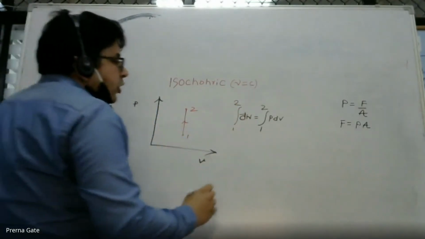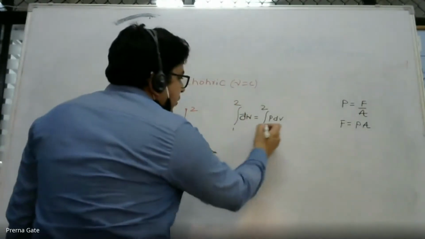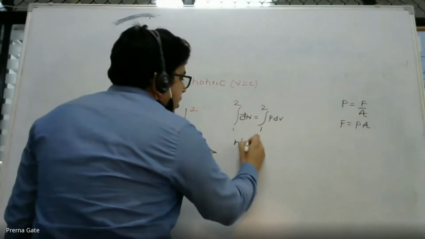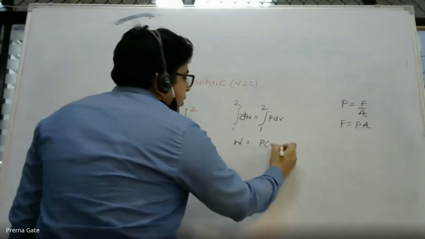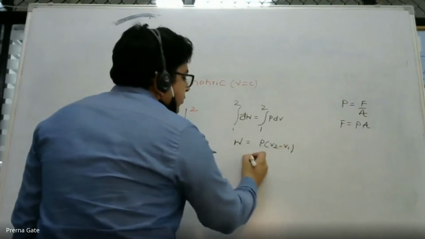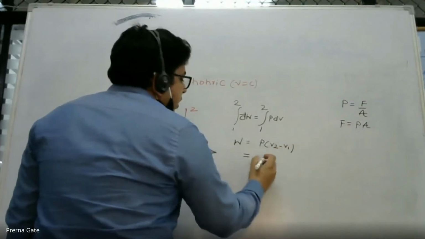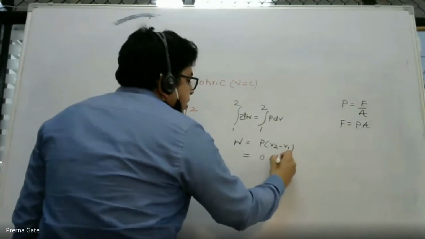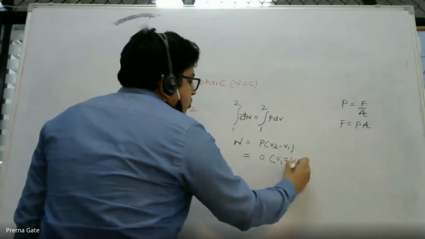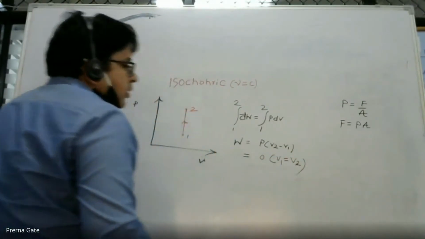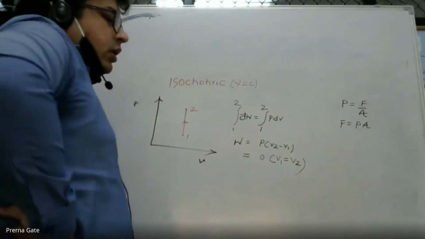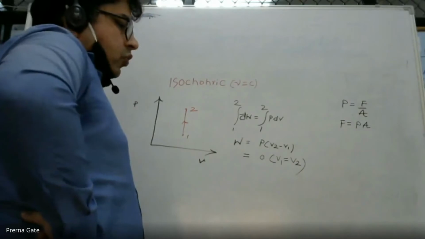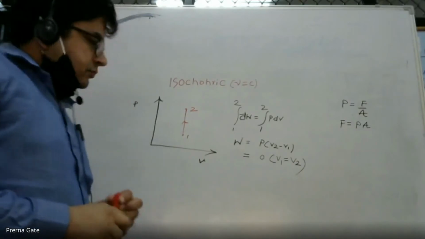For an isochoric process, if I integrate it, it becomes P (V2 minus V1), and it comes out to be 0 as V1 is equal to V2. So you can note down, for an isochoric process, the work done is 0.